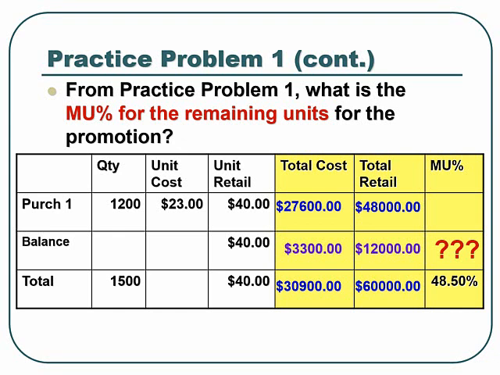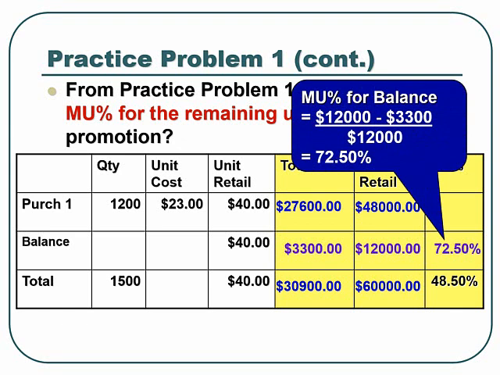Given these two numbers, R and C are known, and from which we can easily calculate the markup percent. The markup percent for the balance will be where the question mark is, and so the question mark will be answered as $12,000 minus $3,300 over $12,000, R minus C over R, and that leads to the markup of 72.5%, and that will be the markup percent for the balance.